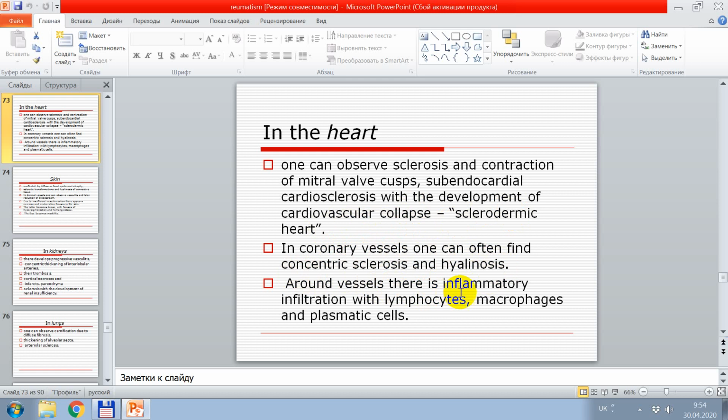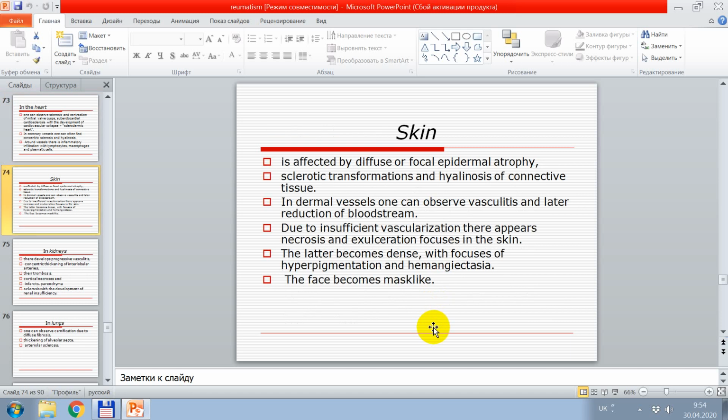Around vessels, there is inflammatory infiltration with lymphocytes, macrophages, and plasmatic cells. Skin is affected by diffuse or focal epidermal atrophy, sclerotic transformation, and hyalinosis of connective tissue. In dermal vessels, one can observe vasculitis and later reduction of blood flow.